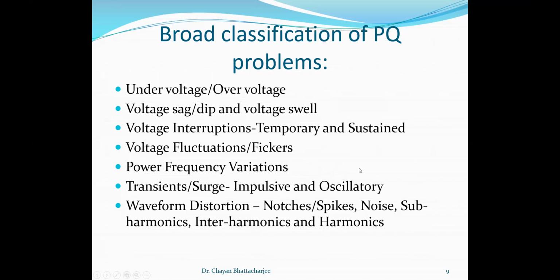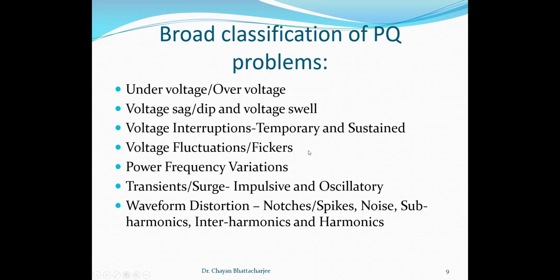Now, frequency variations are actually not at all tolerable in the grid, because how do we get a frequency variation? If there is any mismatch between the supply and generation. In this interconnected system, it is very difficult to have a shortfall of power, or if there is a surplus of power at a particular end, that power can be marketed out to some other areas, to some other loads.